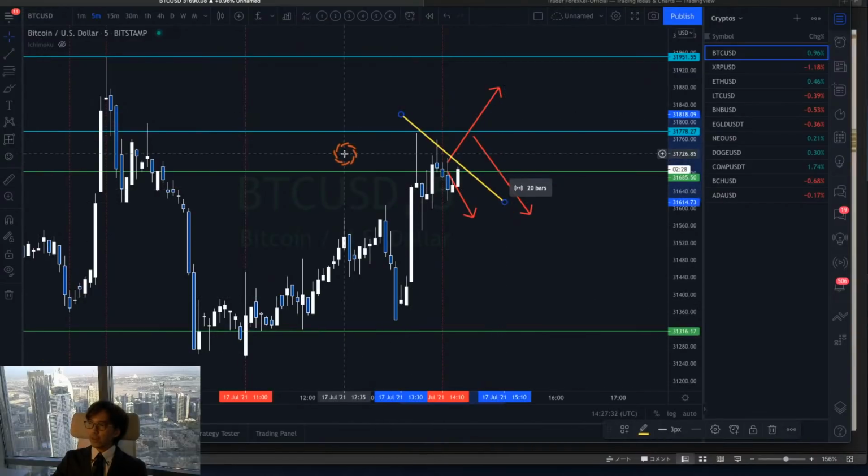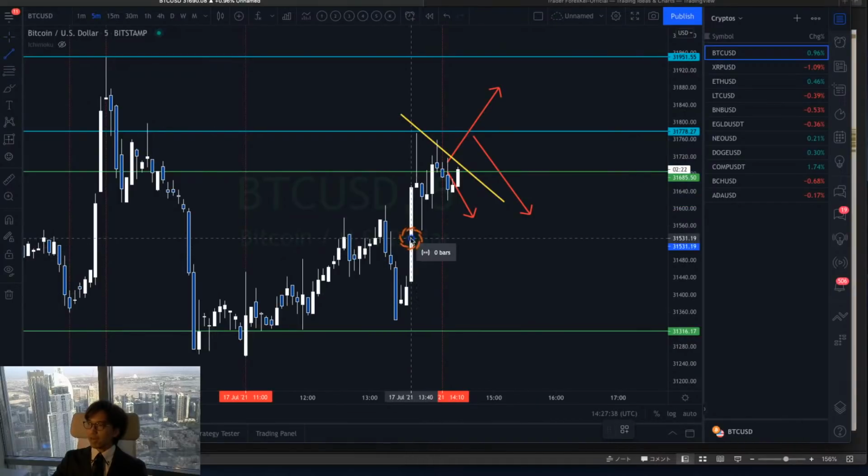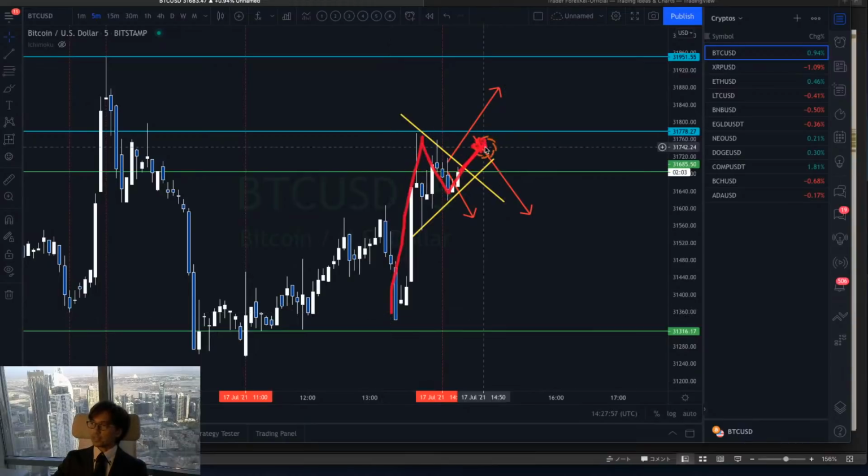I expect the P wave to break upwards in this condition because I still don't see the bearish price action. But once the market breaks the P wave downwards this way, then it might go down this way. So we'll see. For now, I expect the market breaks upwards towards this direction because this is bullish in the wave like this.